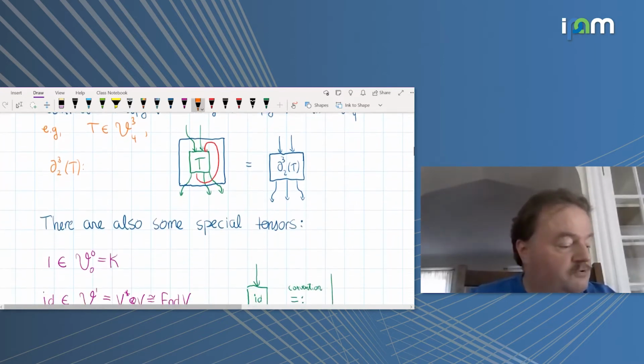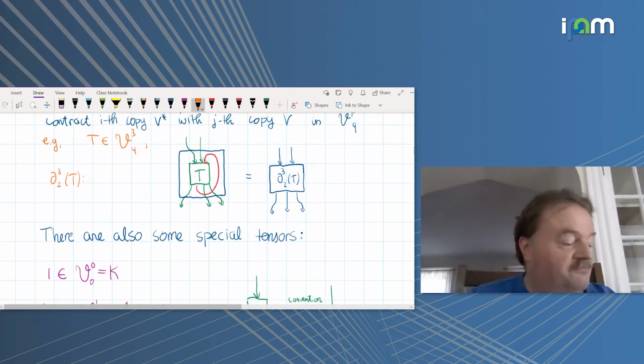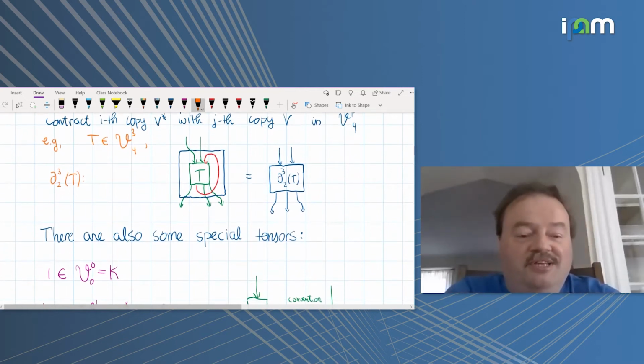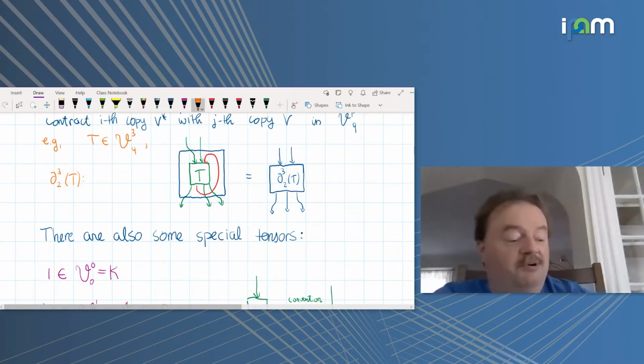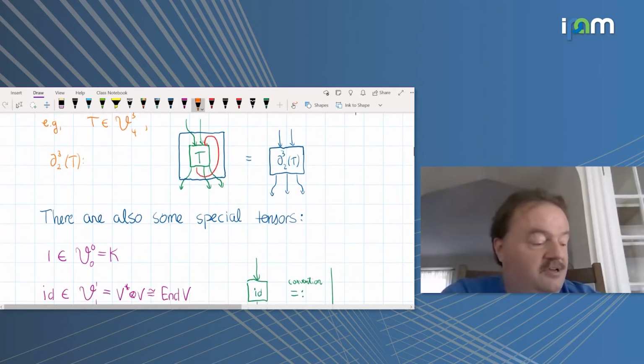And then there are also special tensors, kind of trivial. If you just take 0 copies of V and 0 copies of V dual, then we just think of this vector space as the base field K, which has a special element 1.